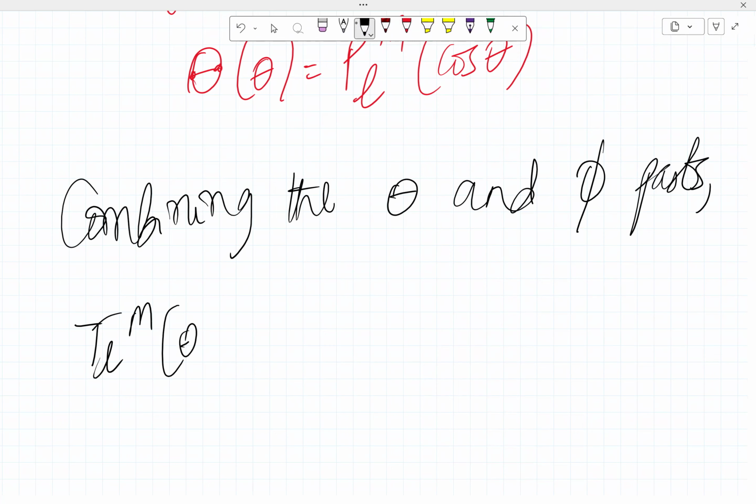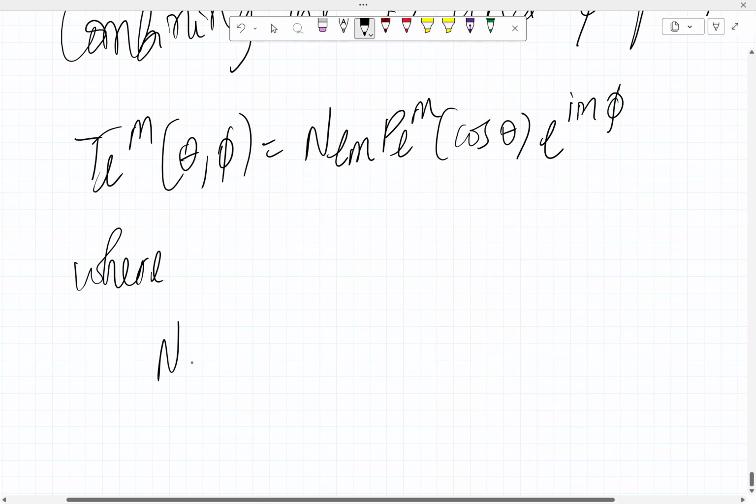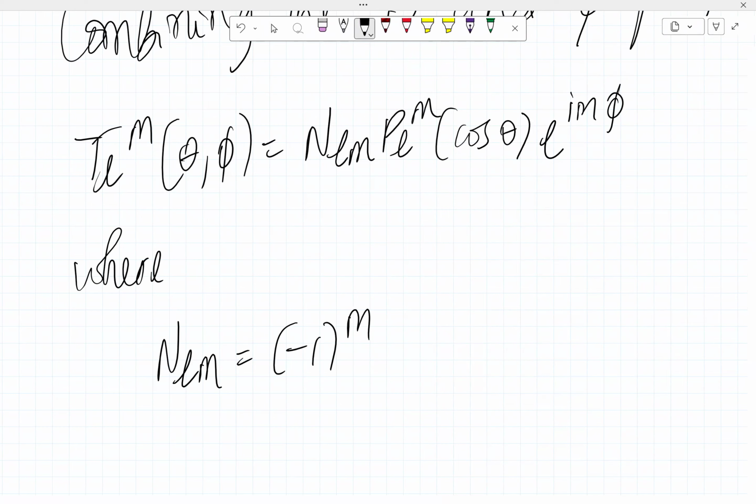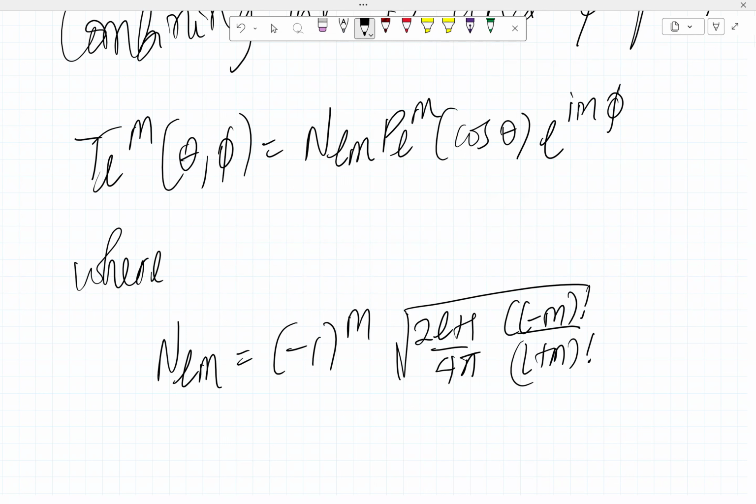So Y sub L m of theta, phi equals N L m P L m of cos theta e raised to the power i m phi, where N L m equals minus 1 raised to the power m times the square root of 2L plus 1 over 4 pi on one hand, and on the other hand L minus m factorial over L plus m factorial, like that.